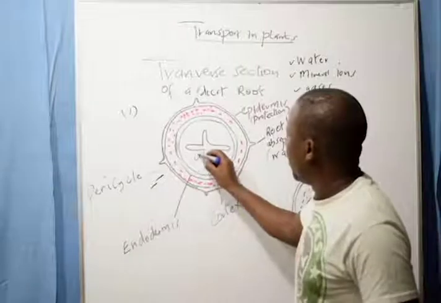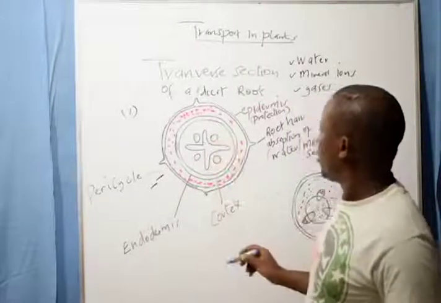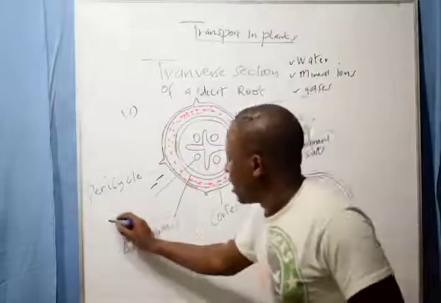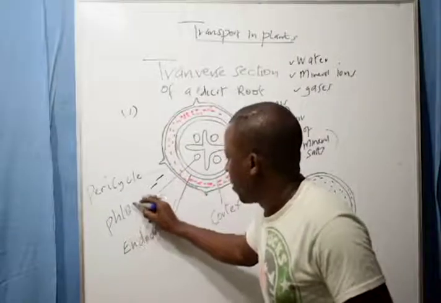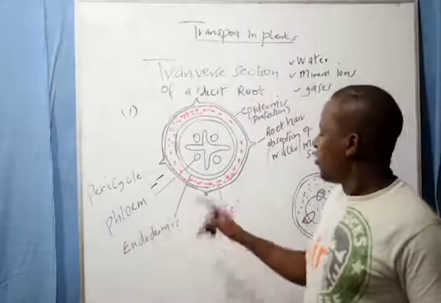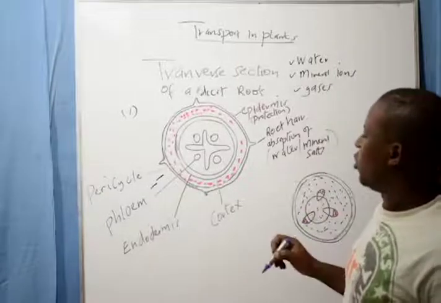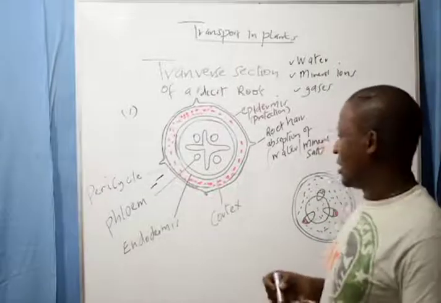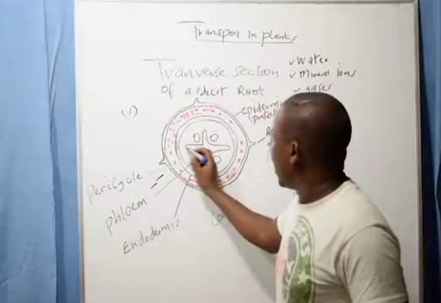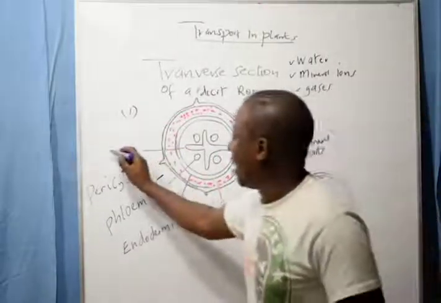Then on the inner side, we have structures here I've drawn. This is a phloem. The phloem is a structure whose function is translocation, transport of soluble products of photosynthesis, or simply transport of manufactured food. Then on the inner side, which is star-shaped, we have another structure which is a xylem.